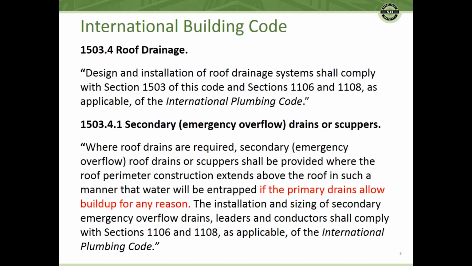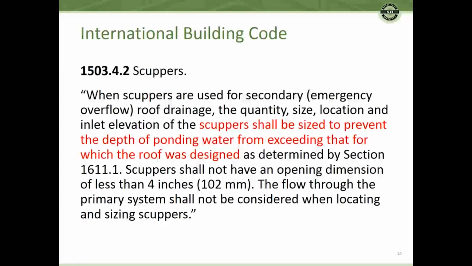If the primary drains allow buildup. And basically you'll see that most of the items in the codes and ASCE 7 say that one must consider that the primary drainage system is blocked, and that's why you need the secondary system.